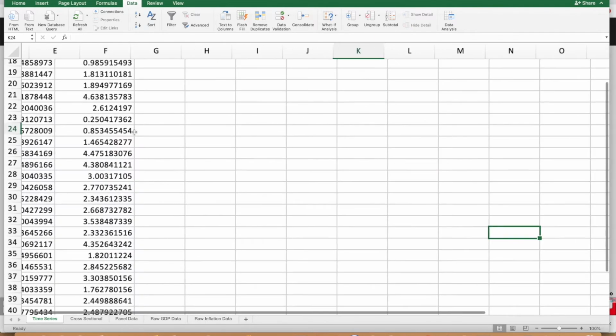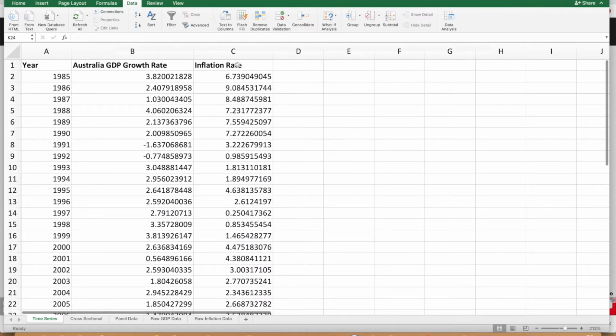Okay, here we are in Excel with some data on inflation rate and the GDP growth rate. So here I have Australia's GDP or economic growth rate and Australia's inflation rate. I was going to take this as an opportunity to show you guys some different types of data that I mentioned before but didn't show you an example of every type. So on this first page I have time series data because the variation in my data set comes from different time periods. So in 1985, this growth rate, this is how much Australia's economy grew.